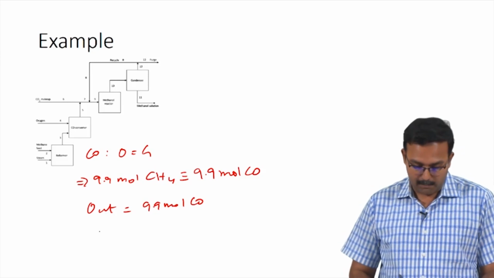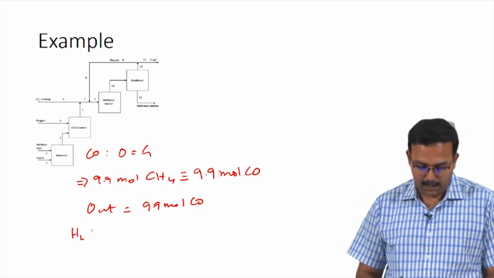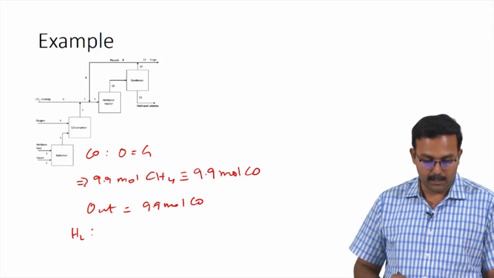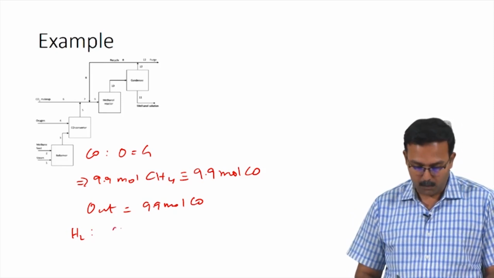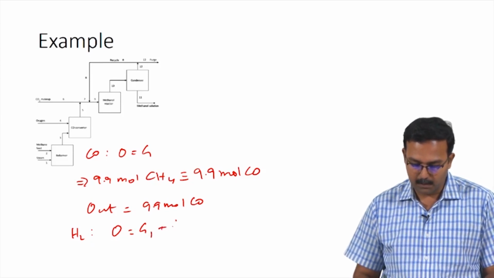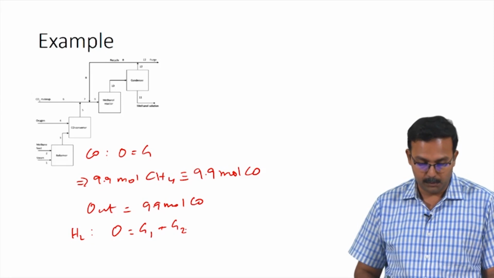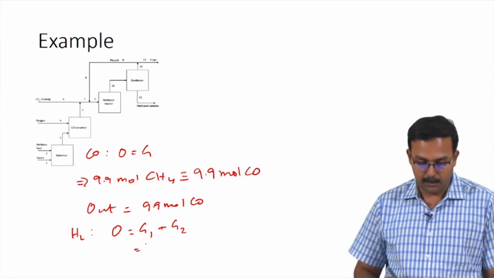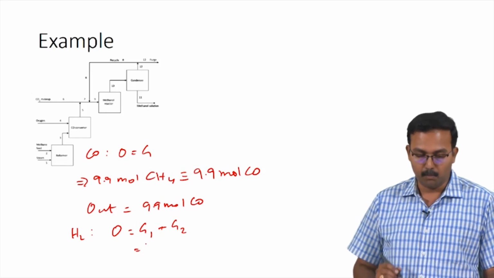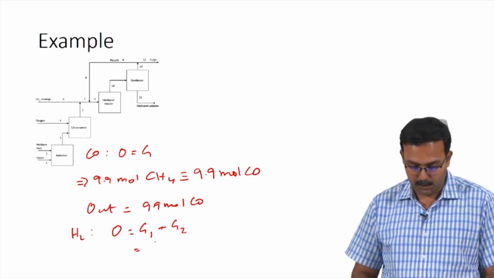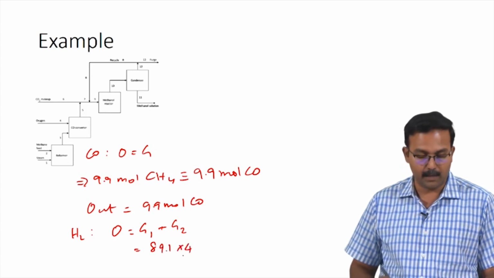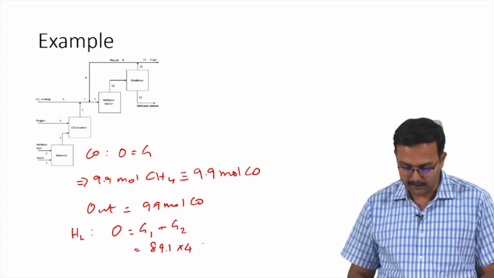We can also write a balance equation for hydrogen. Hydrogen is not coming in, it is only being generated. So, your output would again be equal to generation, but here you would have two generation terms from reaction 1 and reaction 2. Based on the stoichiometry, for every mole of carbon dioxide produced, 4 moles of hydrogen is being produced. So, 89.1 times 4 would be the generation of hydrogen by the main reformer reaction.